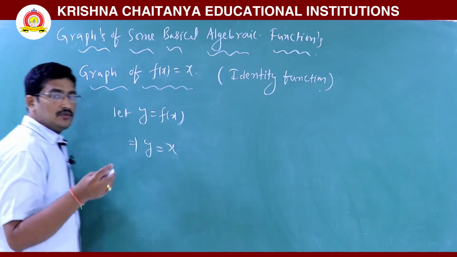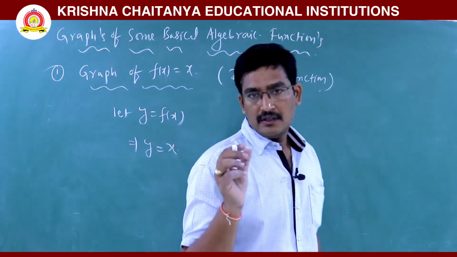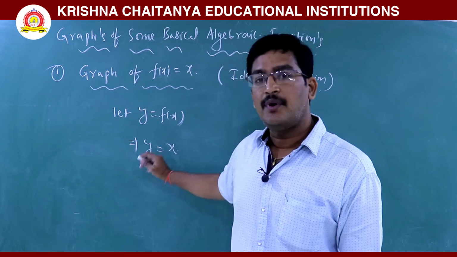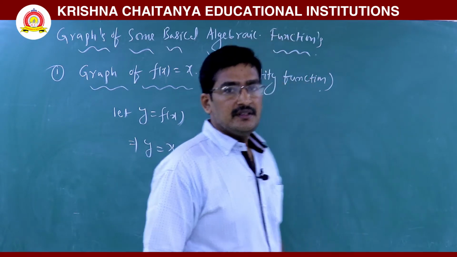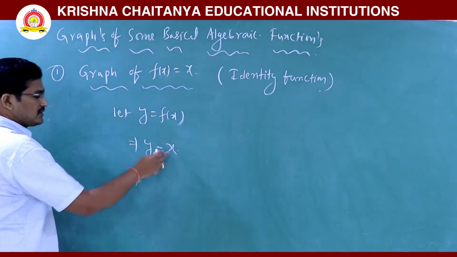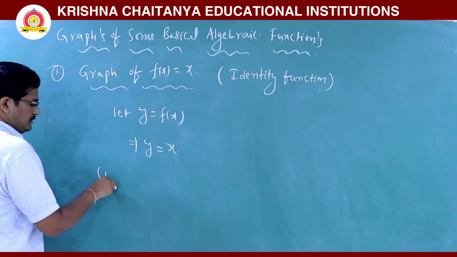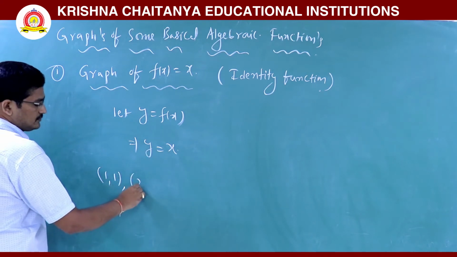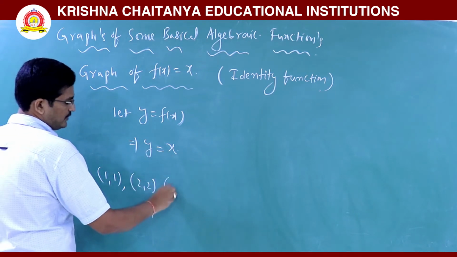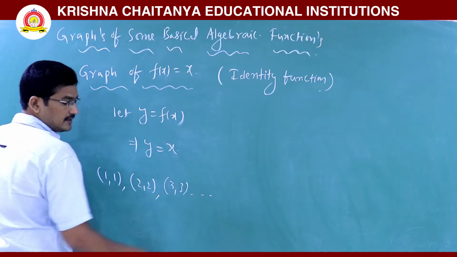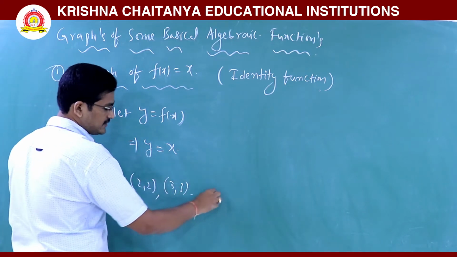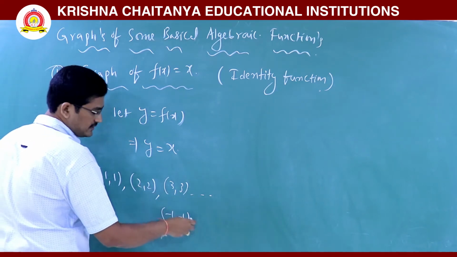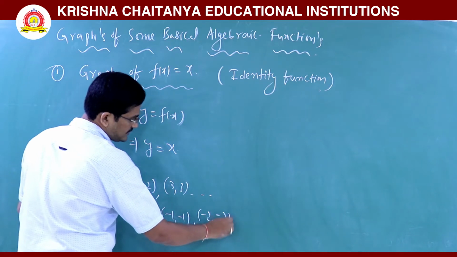First you have to identify the points on this line. Suppose x equals 1, abscissa is 1, then y is 1. x is 2, y is 2; x is 3, y is 3; x value minus 1, y value minus 1; minus 2, minus 2.